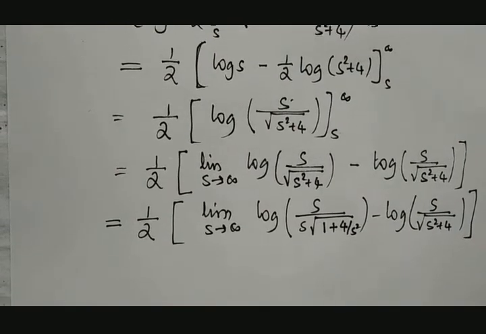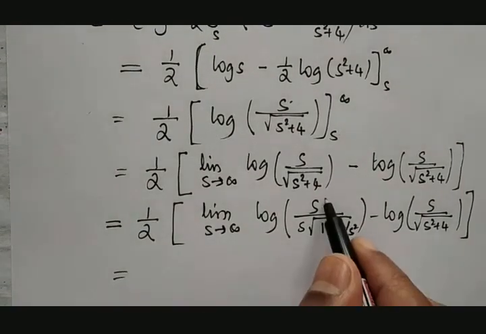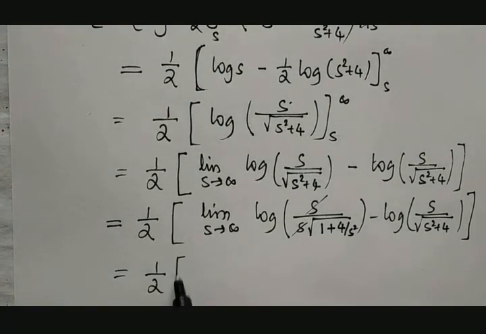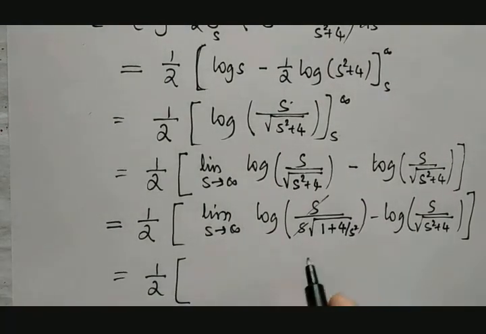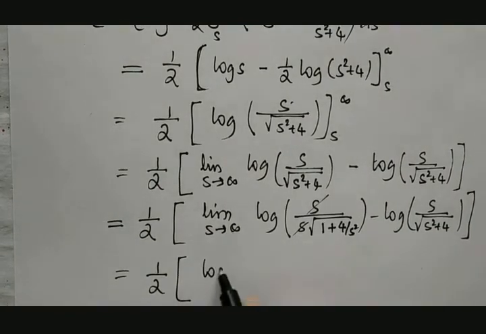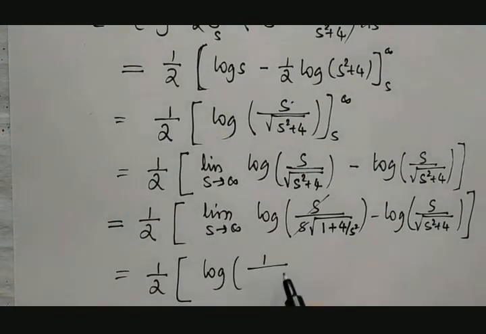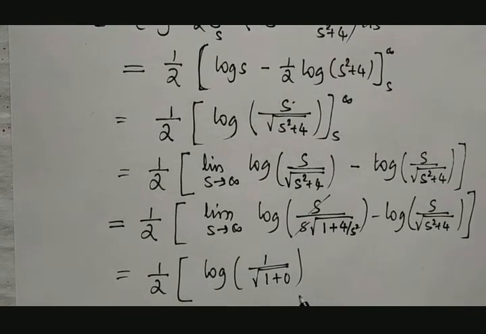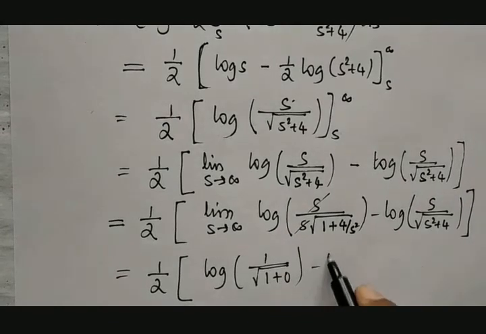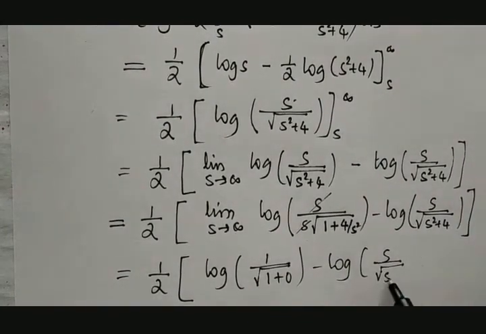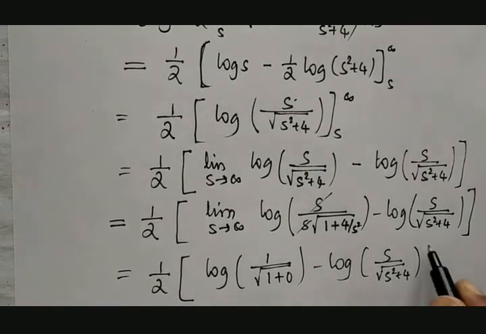Here s gets cancelled, therefore 1 divided by 2 into, remove the limit by substituting s as infinity, then it will be logarithm of 1 divided by root of 1 plus 0, minus logarithm of s divided by square root of s square plus 4.